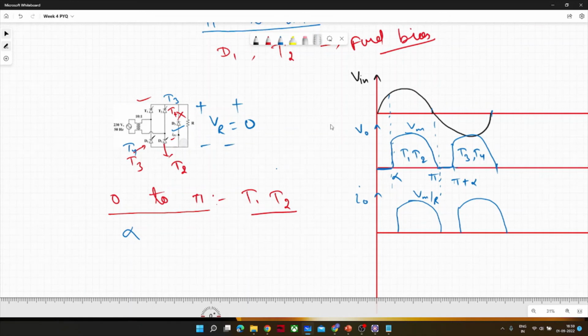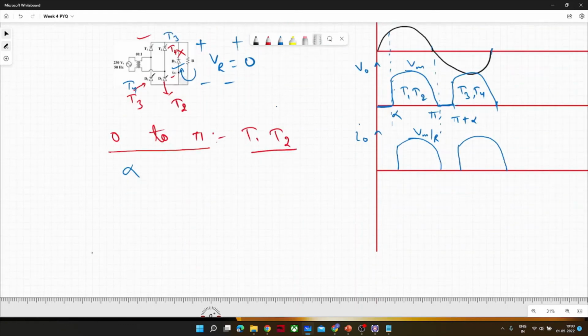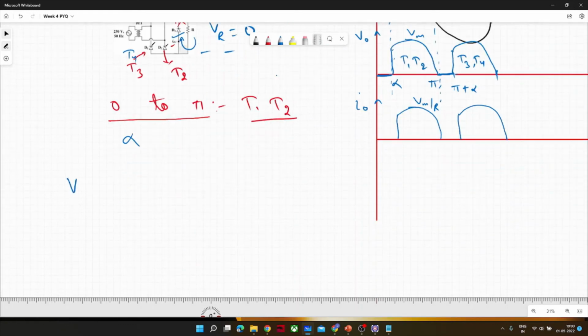And in a semi-converter also, conduction after pi is not possible, because the voltage waveform would be the same irrespective of any load. Why? Because after pi, if any energy element is there, it would freewheel through this diode. If freewheeling is going on, voltage is zero, but of course some current would be there.